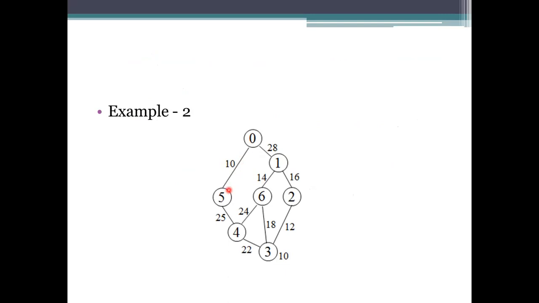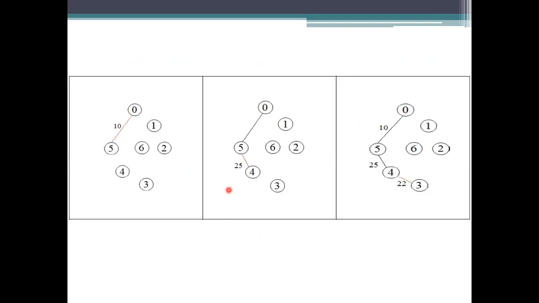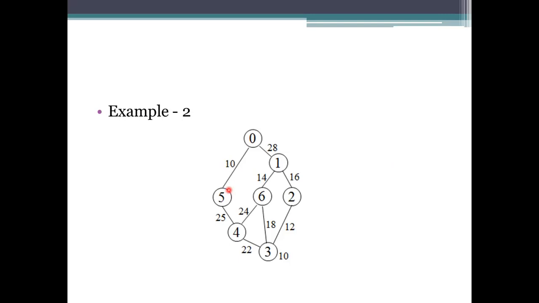So this 5 has only one other edge, which is 25. We should take that one. Okay. And coming to 4, 4 has 2 edges here. So here, why do we consider only 25? It has already been read. We won't access the already read one. So what you have to do is take the next one. That is why we are taking 25 as that.